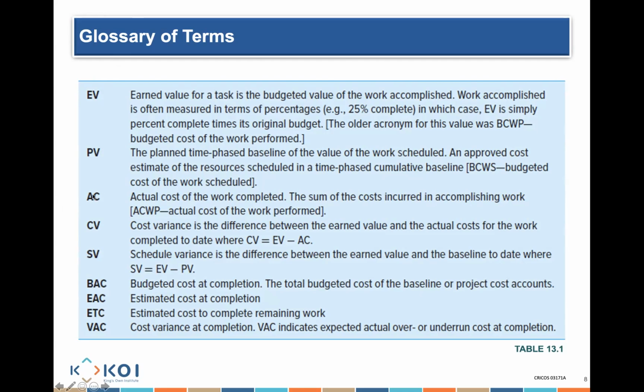You're spending more money than you're supposed to, because you're actually paying $700 in cost, but you're only earning $500 worth of work. So that's really the sort of comparison we need to make. My earned minus my cost is how I'm doing in terms of the actual cost, and my earned compared to the plan is how I'm doing in terms of my schedule.